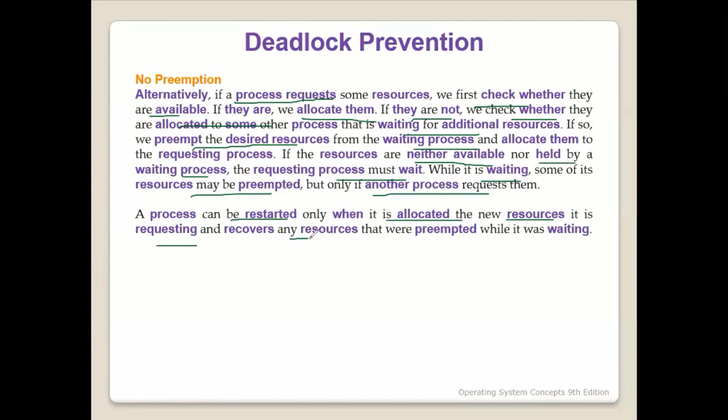It needs to get back those resources. Then the waiting processes can be restarted. So this is about no preemption. If you have the protocol, surely we won't have the deadlock.